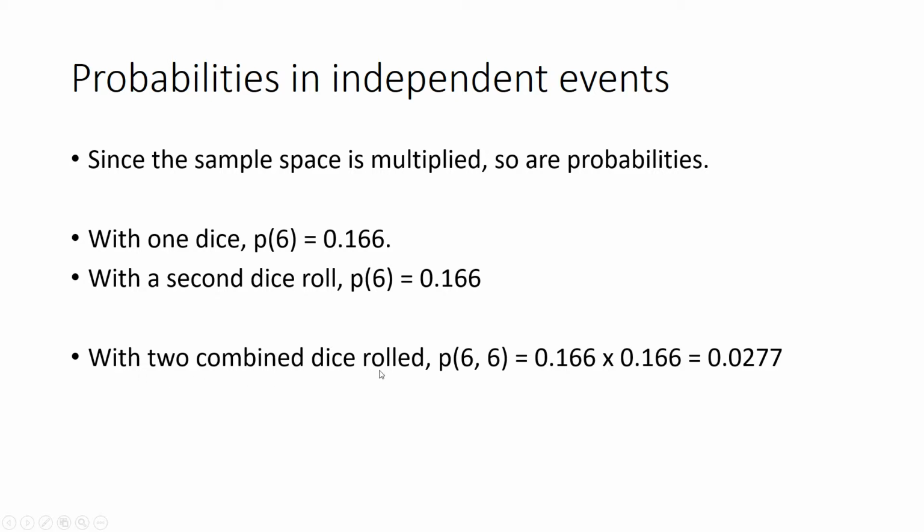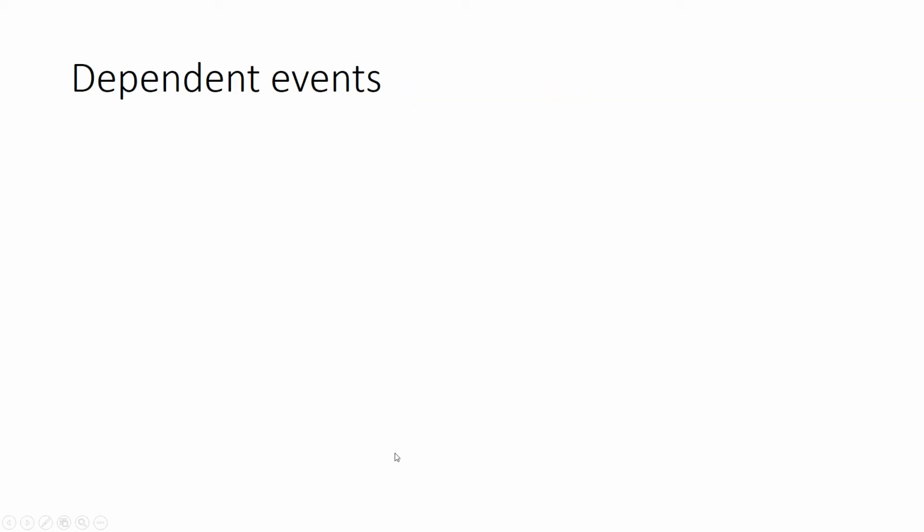So with 2 combined dice rolled, the probability of getting a 6 followed by another 6 is 0.166 times 0.166, which is 0.0277. When I say more complex, it's really just more fractions to worry about, I suppose. And in case you're wondering, 0.0277 is 1 out of 36. But this is definitely more complex.